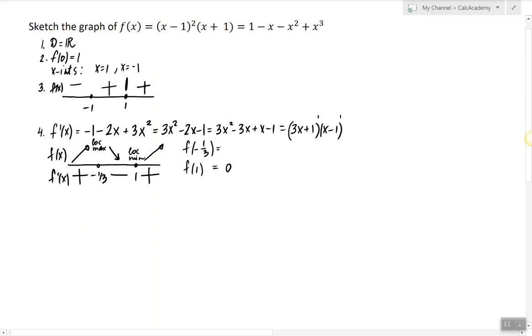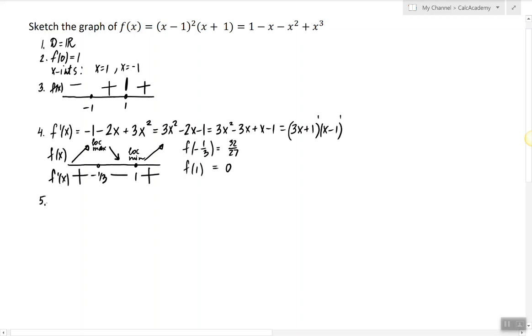This is actually the x-intercept of the function, and at -1/3 we have -4/3, so 16/9 times 2/3, so it's 32/27, so it's about 1.